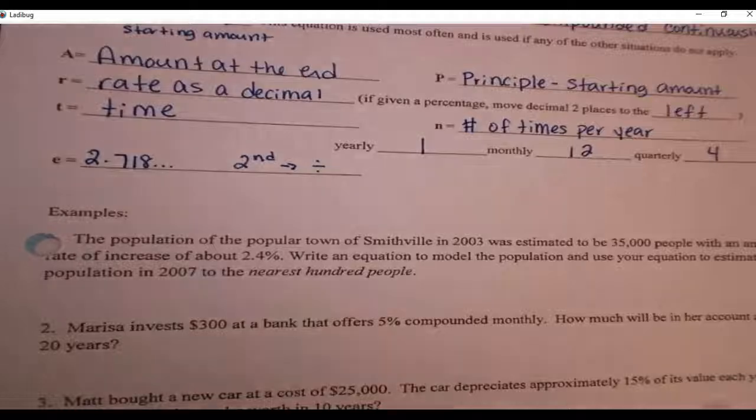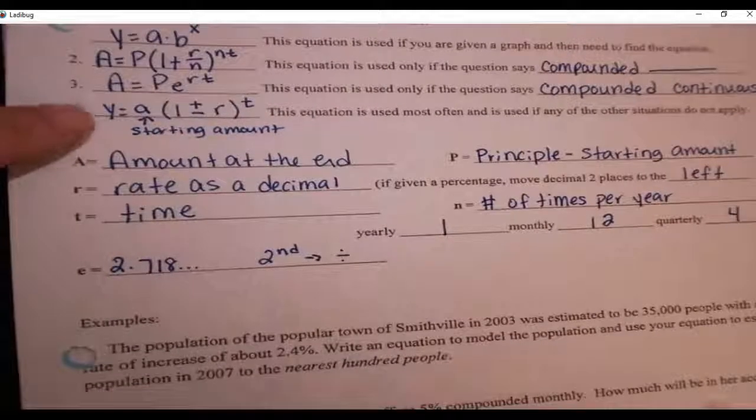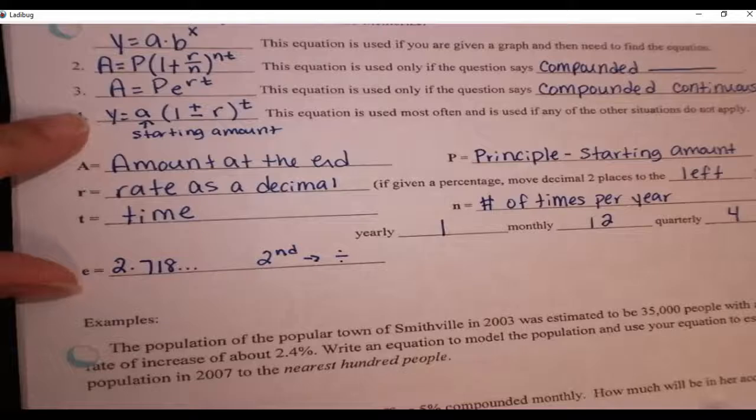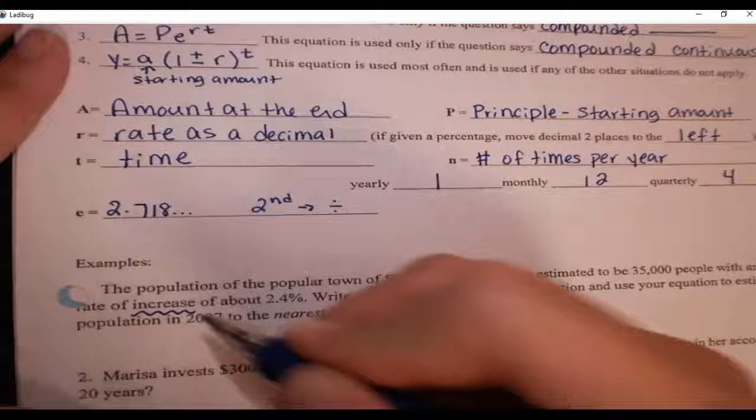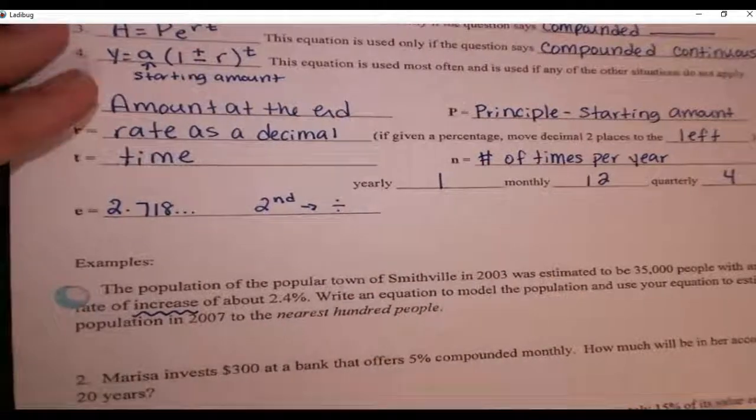No. Is it a graph? No. So then we want to use equation number 4. We have to decide, is this talking about growth or decay? Growth. How do you know? Good, because it says increase.